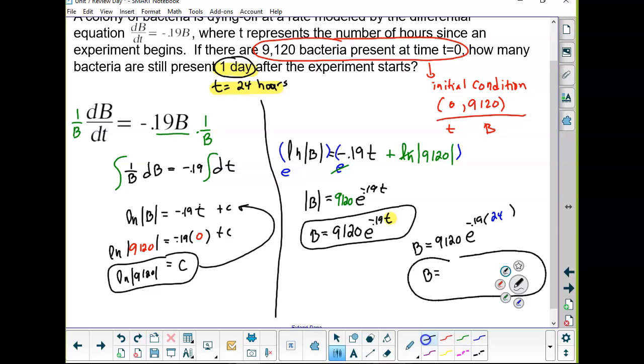That will give me the amount of bacteria left over after 24 hours. They just call it bacteria.